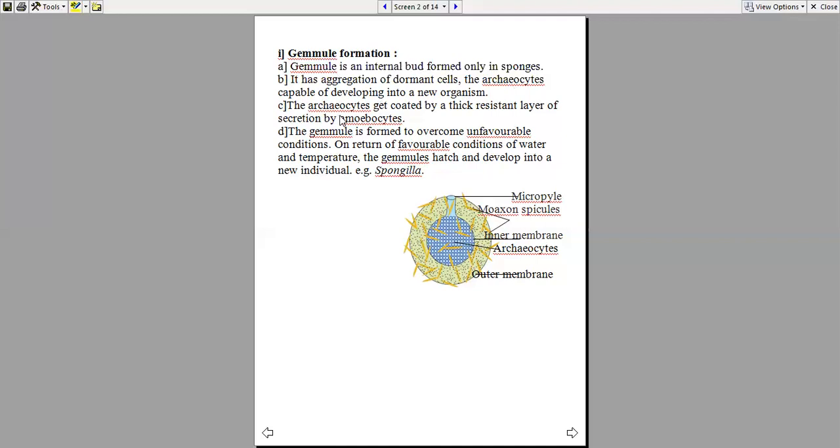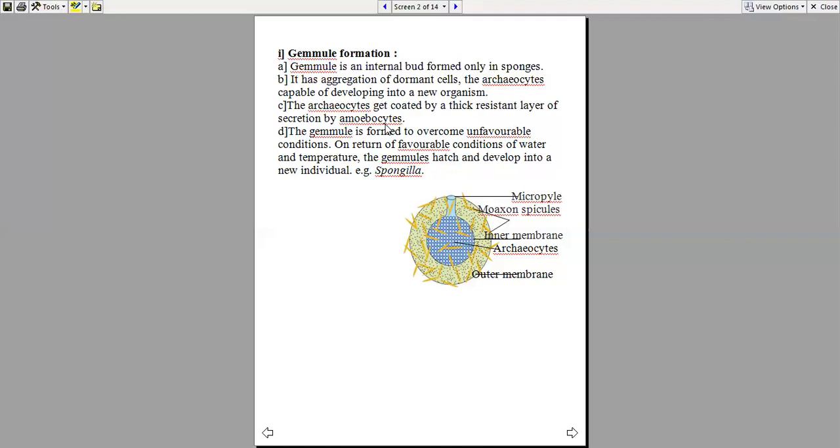Archaeocytes are covered by a thick resistant layer, and this thick resistant layer is secreted by these archaeocytes or amoebocytes. The formation of gemmules takes place in unfavorable conditions, means the conditions in which the sponges cannot reproduce, or you can say it is the dormant period.